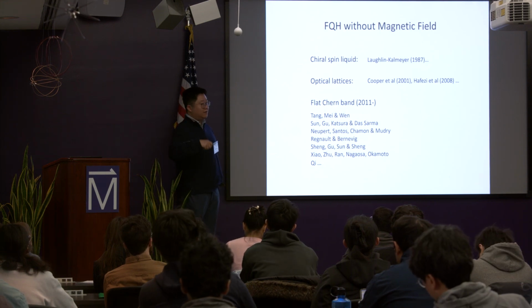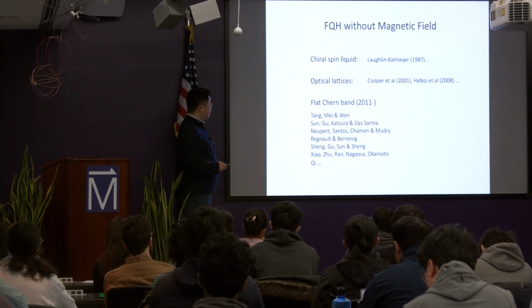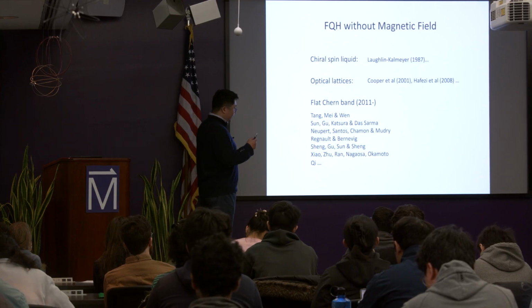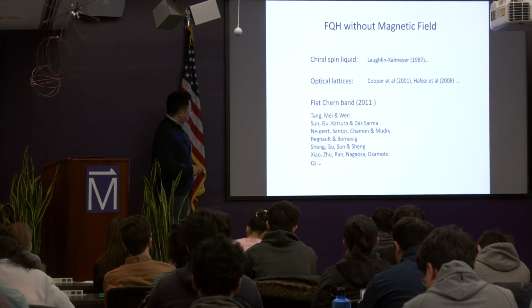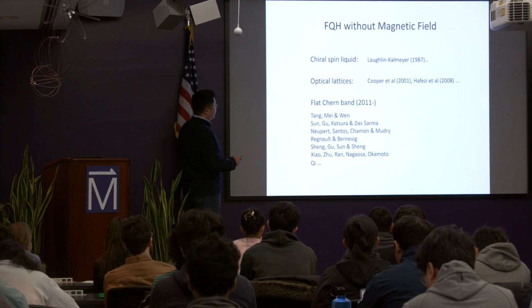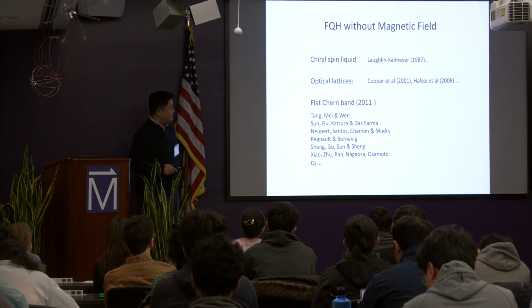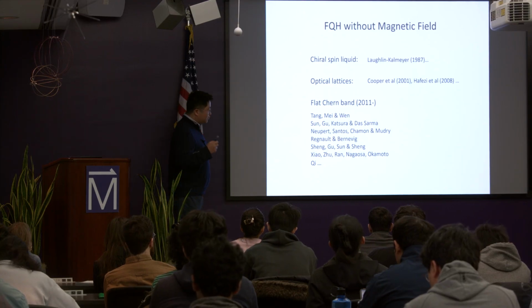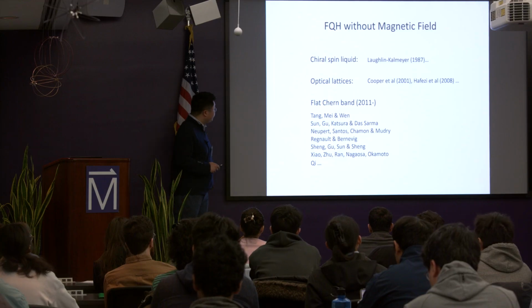Spin down is no boson, spin up is having a boson. So a half-filled lattice model of spins can be viewed as a half filling of hardcore bosons. And Laughlin and collaborators envisioned a fractional quantum Hall state of bosons on the lattice.